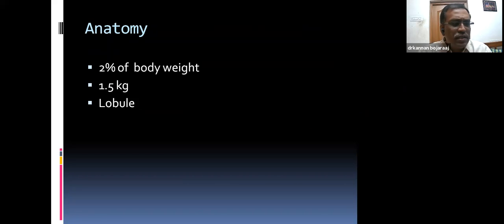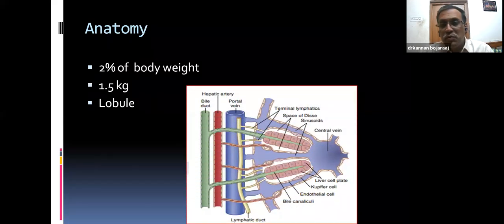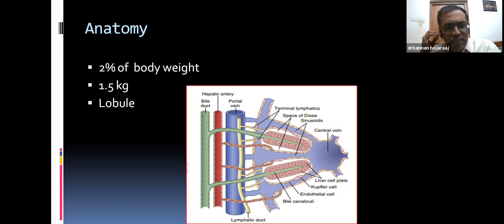We have to have knowledge of this functional unit of the liver, the lobule. They are about 0.8 to 2 millimeter in diameter, and roughly 50,000 to 1 lakh lobules are present in the liver.